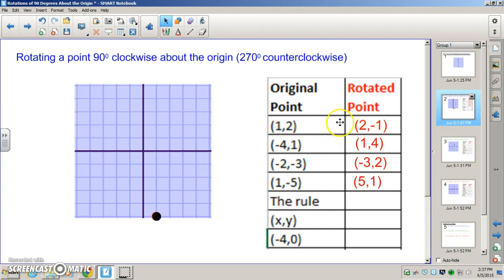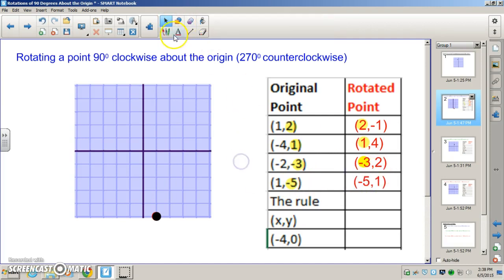This 1, 2 went to 2, -1. The -4, 1 went to 1, 4. What seems to be happening is the 2 stayed a 2, the 1 stayed a 1, the -3 stayed a -3. The -5 then must stay a -5.